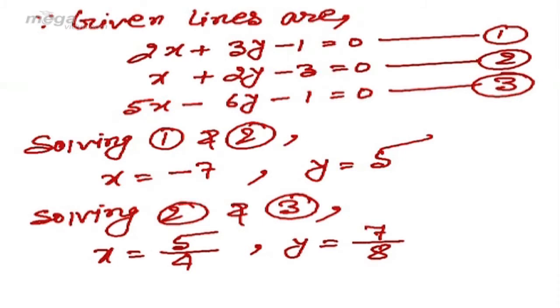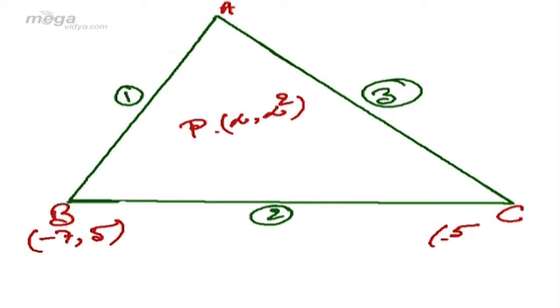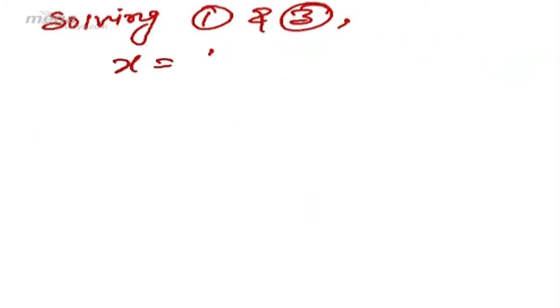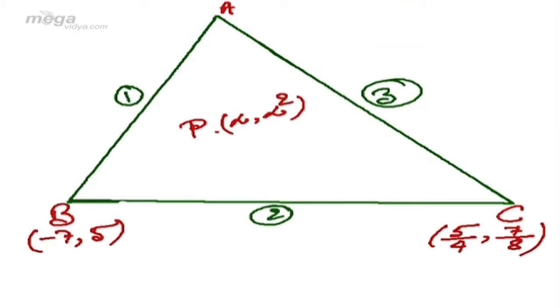From the figure, this is the coordinate of C, 5 by 4 comma 7 by 8. Now solving 1 and 3, we get the value of x as 1 by 3 and y is equal to 1 upon 9. So from the figure, the coordinate of A is 1 upon 3 comma 1 upon 9.